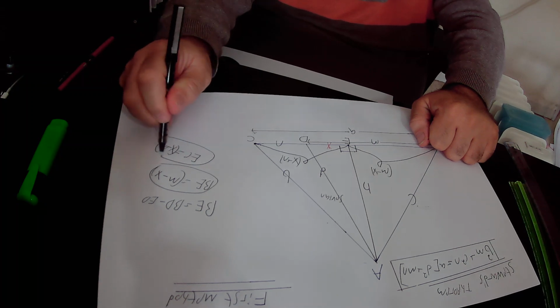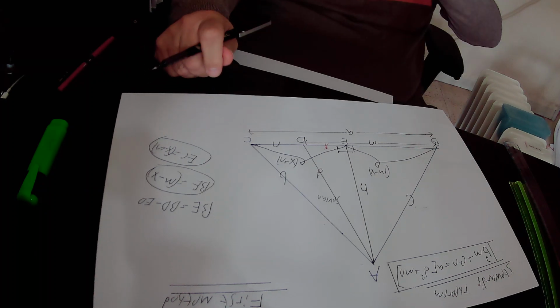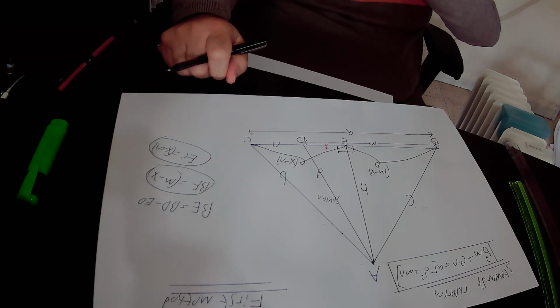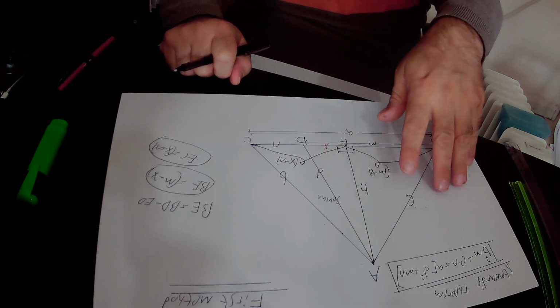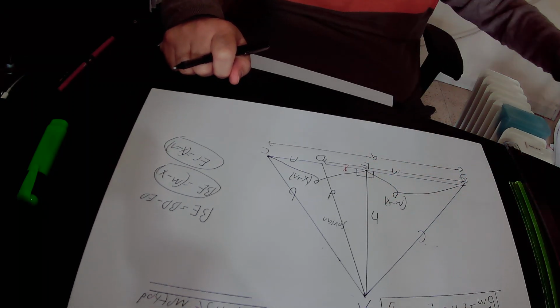In the next step, we'll implement the Pythagoras theorem on the right triangle AED.